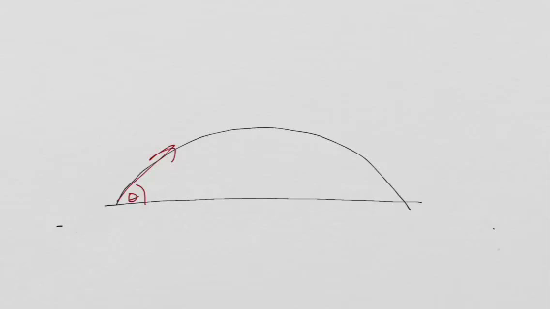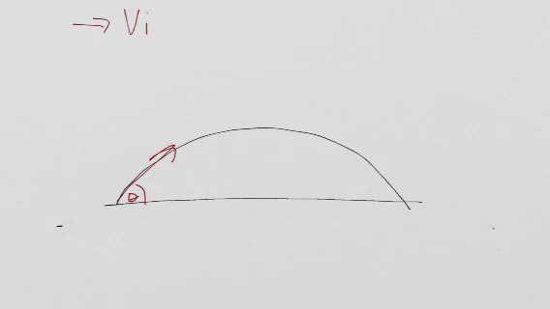If we look at this image, okay, that red arrow represents what in this situation? It's going to represent our VI, right? So the red arrow is going to represent our initial velocity. But here's the thing. The initial velocity here has not been attributed to the y-axis or the x-axis.